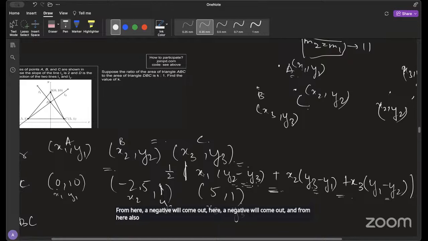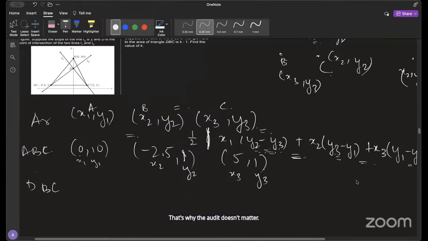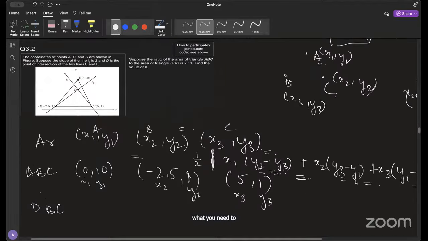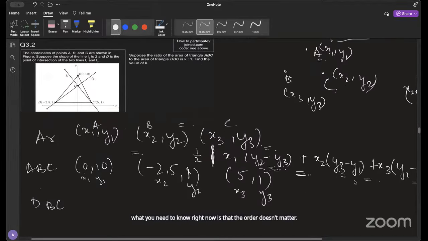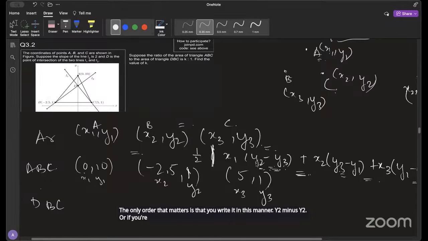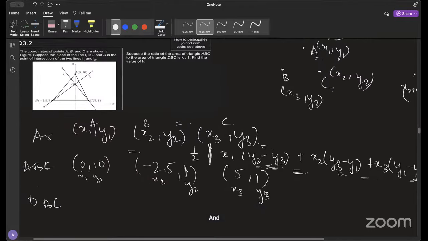And you have a mod here. So it's not going to make a difference what order you take. That's why the order doesn't matter. What you need to know right now is that the order doesn't matter. The only order that matters is that you write it in this manner, y2 minus y3. Or if you're changing it to y3 minus y2, then you will have to change this 2 and this 2. That's all.